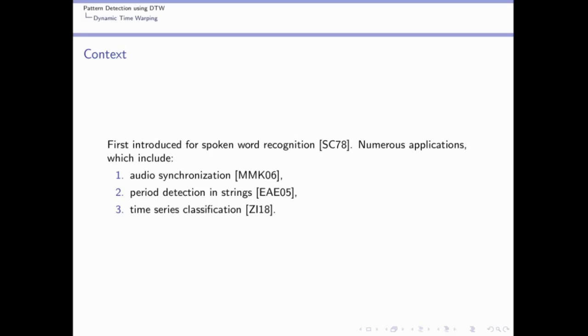There was periodic detection in strings, where you have a string which is a concatenation of a pattern with some modifications. And then we'll see an example of time series classification.